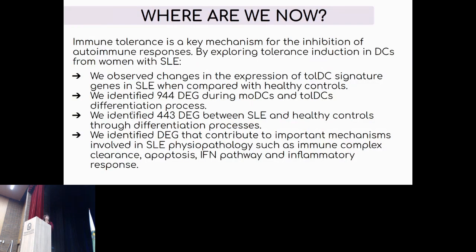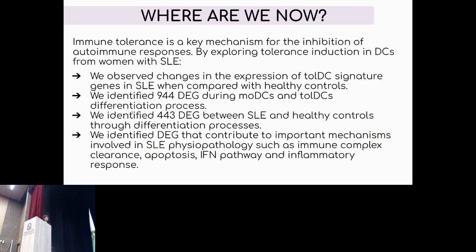So where are we now? We know that immune tolerance is a key mechanism for the inhibition of autoimmune responses. By exploring this tolerance induction in dendritic cells from women with systemic lupus, we have observed changes in the expression of Toll disease signature genes in lupus when compared to healthy controls.